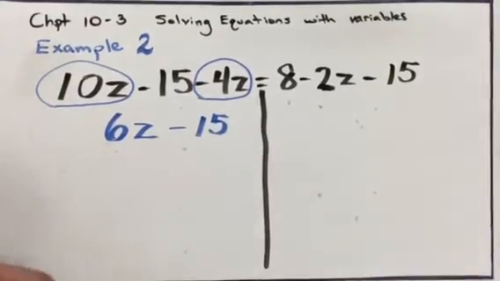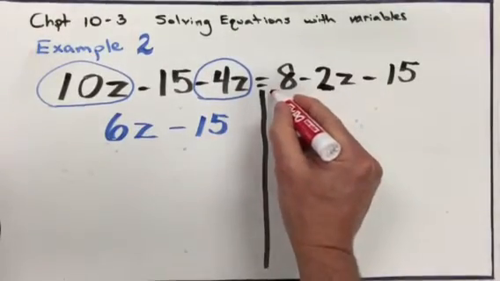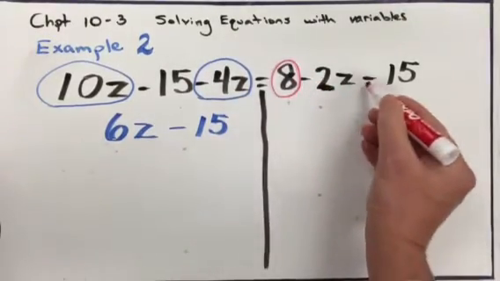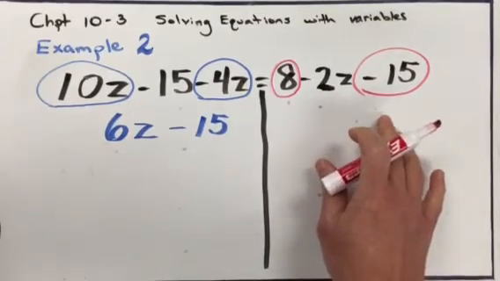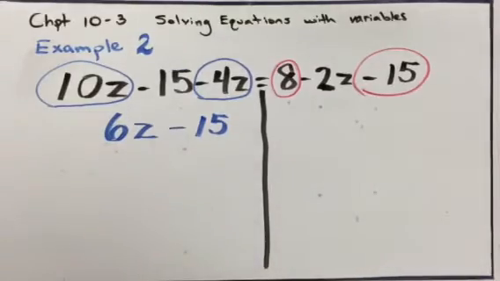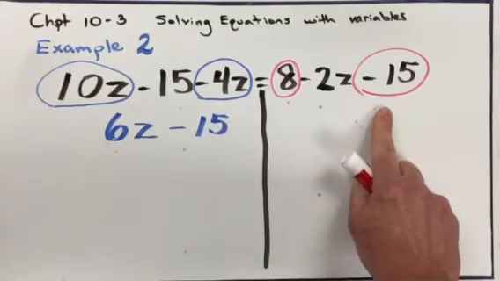Okay, on the other side, there's also some like terms that I want to take care of. And that specifically is the 8 and a minus 15. When I combine these, think of these as yellows. I have 8 yellows and I have 15 reds.